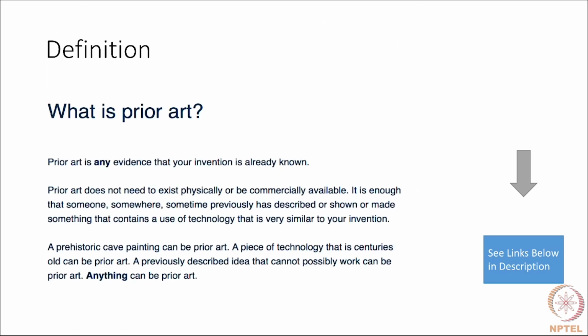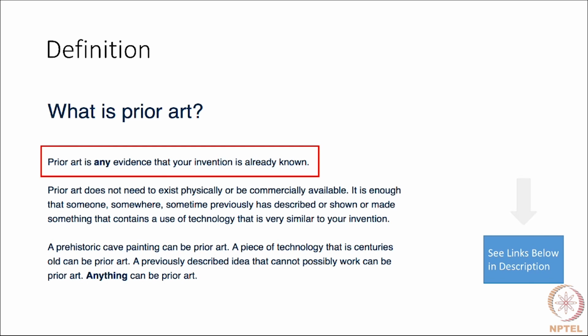Now, if you look at a definition for prior art, one definition that's available for us is the definition in the European Patent Office website. It defines prior art as any evidence that your invention is already known. There is a link to the European Patent Office website given below. You can read that in detail later.